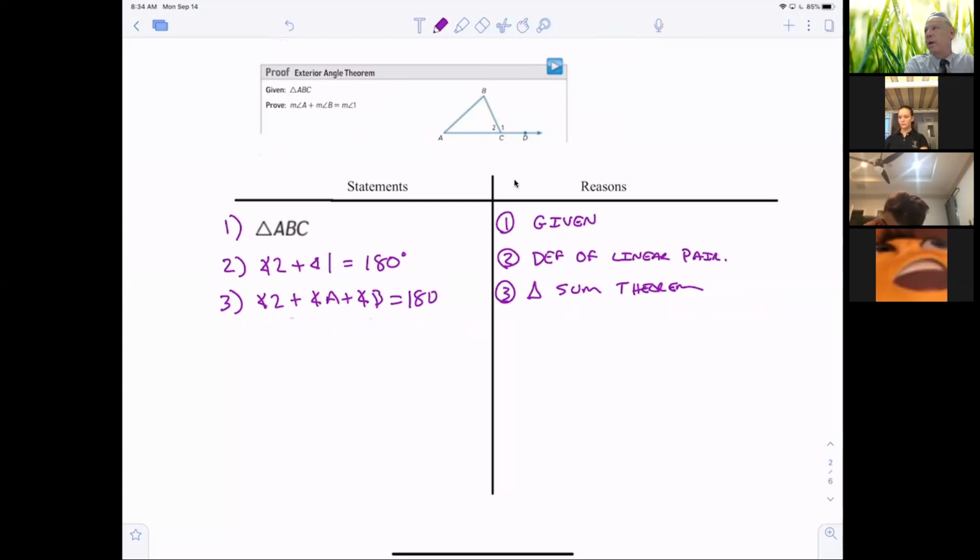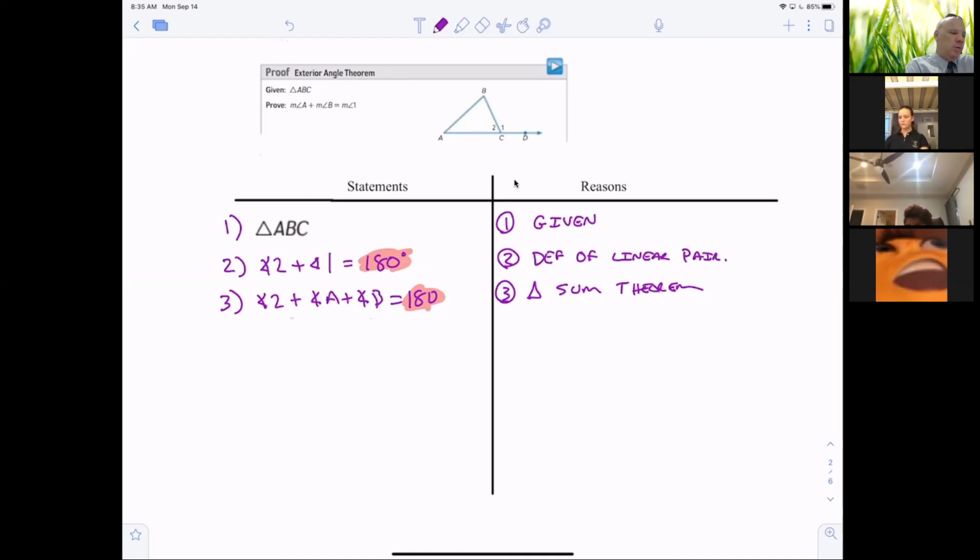Come on, girls. Someone else tell me something. Come on, I'll give you a little hint now. Don't stop. Ruffin, what? Angle 1 plus angle A. No, that's what she said.